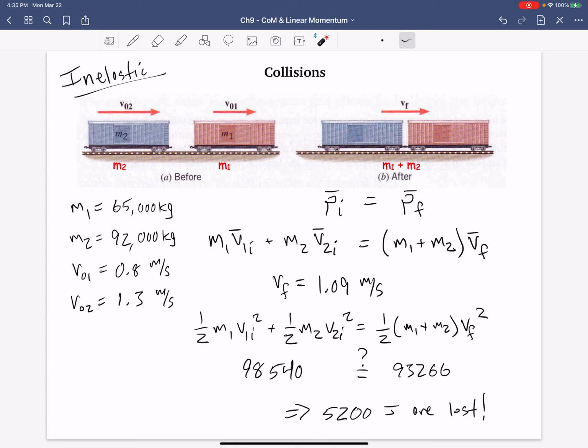The other type is when they do stick together, but they deform their shape, right? For instance, two tennis balls colliding together. When they collide, two tennis balls, well, before they'll look like spheres, like that. But after, they'll look something like this.